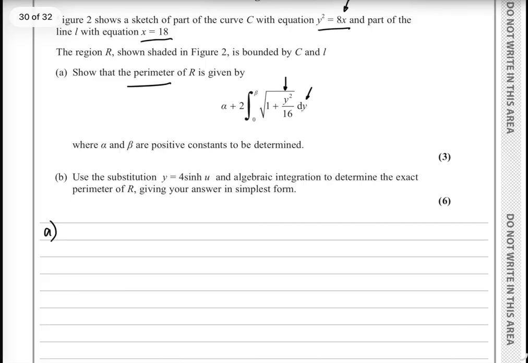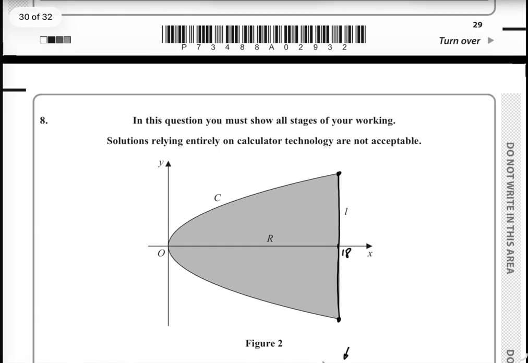So part A, first of all, x equals 18, y squared equals 8x becomes 144. So y is plus and minus 12. So that's 12 minus minus 12, so the distance here is 24 from here to here.